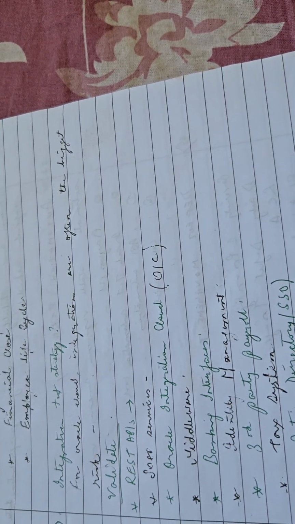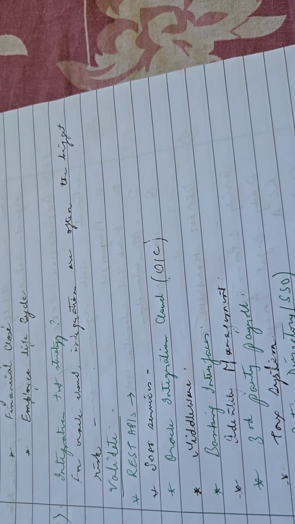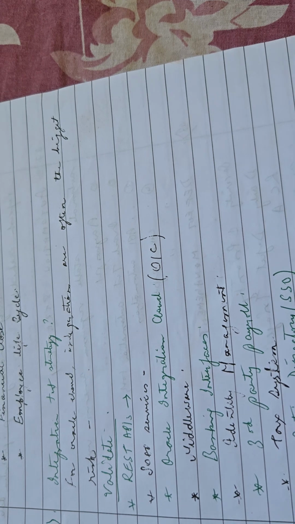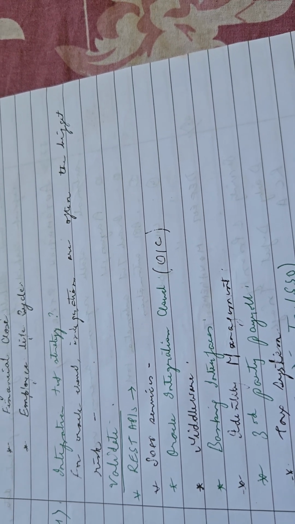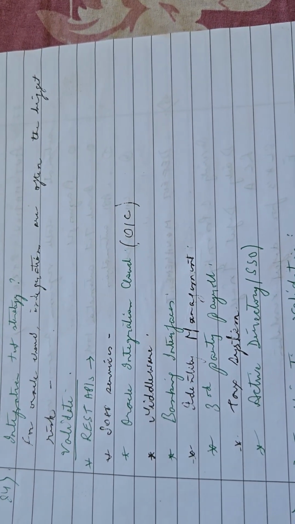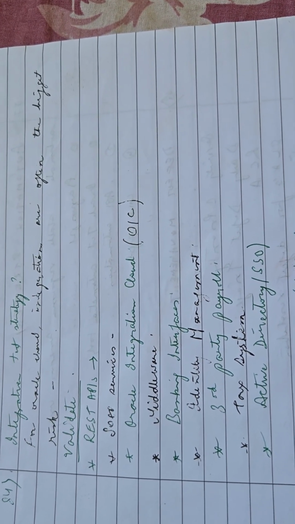Now moving on to the next one, integration test strategy. For Oracle Cloud, integrations are often the biggest risk, correct? It's already existing infrastructure, right? So integrations are a big risk. You should do some basic validation to mitigate those risks, right?